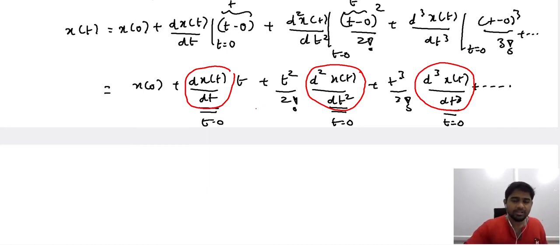So let me repeat. In the case of power series, the power series is expressed in such a way that there are definite coefficients associated with each of these t terms. So we have different orders of increasing order of these terms, and correspondingly we have the different coefficients. However, when you consider the Taylor series, these coefficients are derivatives at a specific point, and the order of this derivative progressively increases.